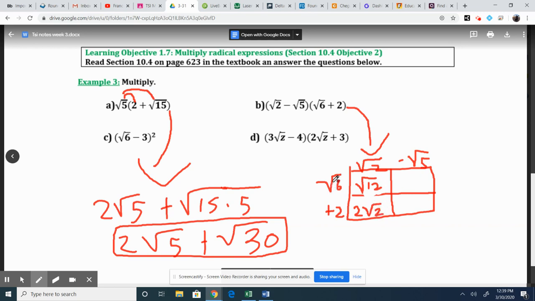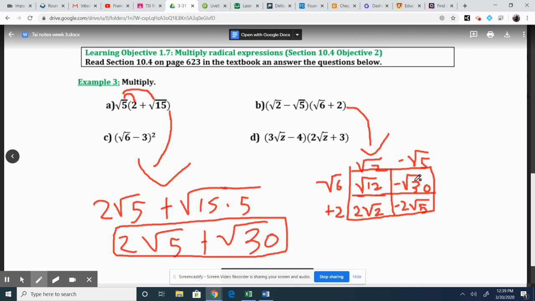And then we have square root of 6 times negative square root of 5 would give us a negative square root of 30. Then 2 times negative square root of 5 is going to give us negative 2 square root of 5.